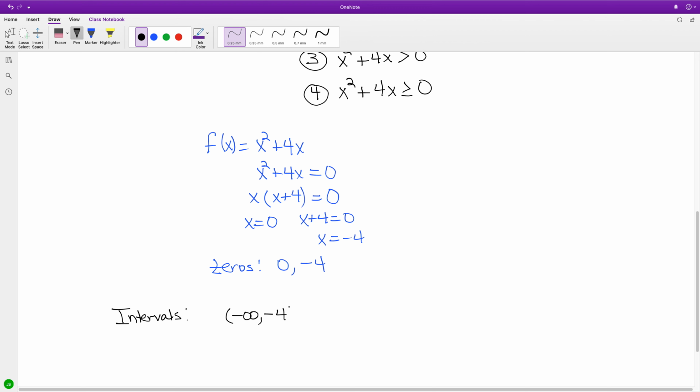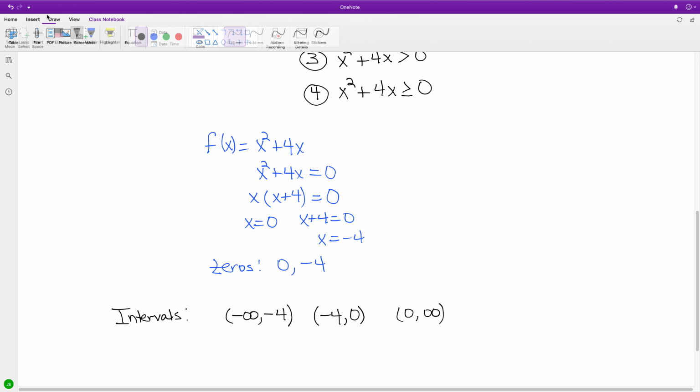Negative 4 is the smaller of the zeros, so I have negative infinity to negative 4. Then we have those values of x between negative 4 and 0, and next in line, those values of x that will be greater than 0.